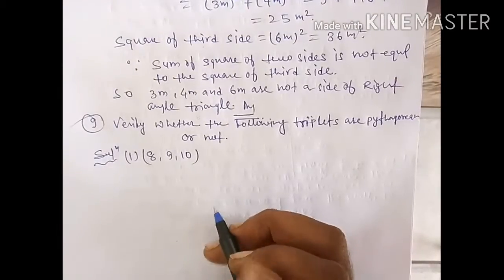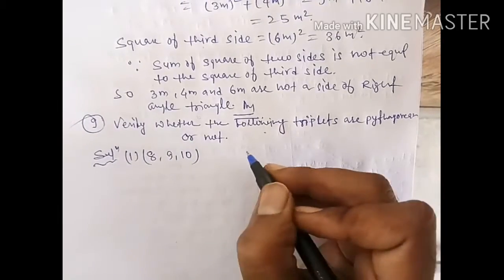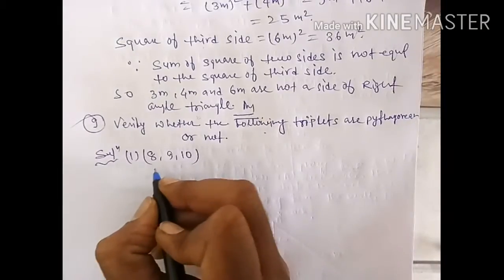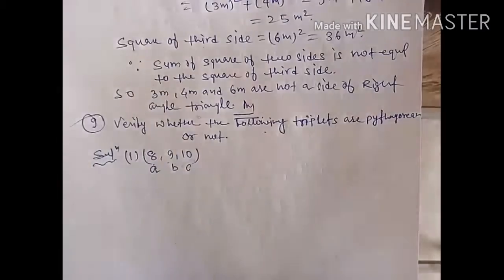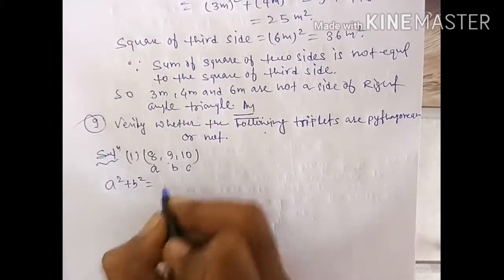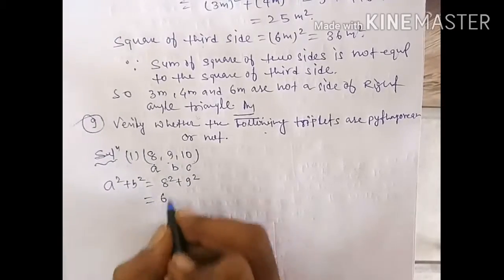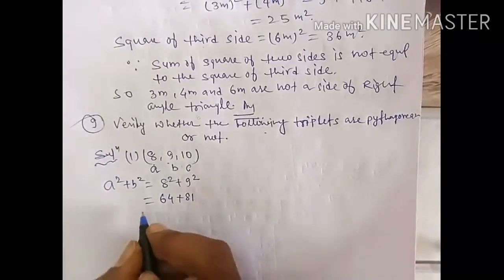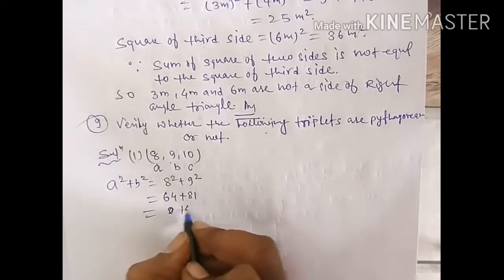In question number 9, verify whether the following triplets are Pythagorean or not. So first is 8, 9, 10. Let them be A, B, C. Now first you find A square plus B square, that is 8 square plus 9 square, that is 64 plus 81, that is 145.